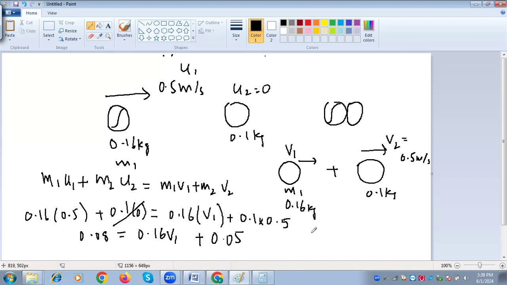So 0.08 minus 0.05 equals 0.16 V1. 0.03 equals 0.16 V1.